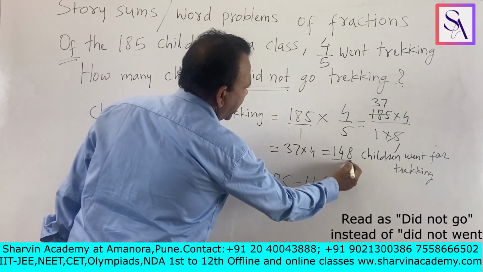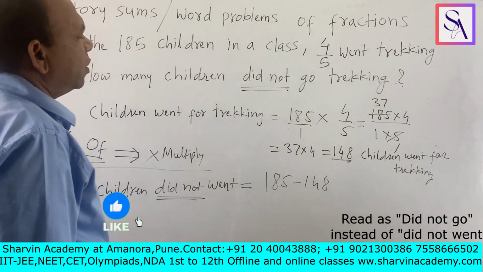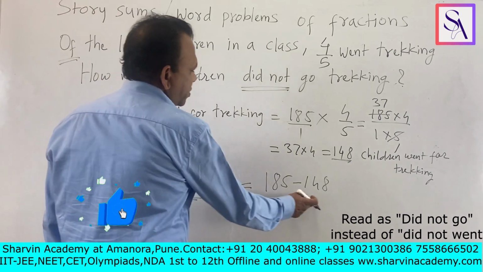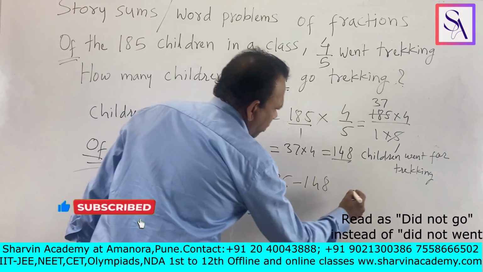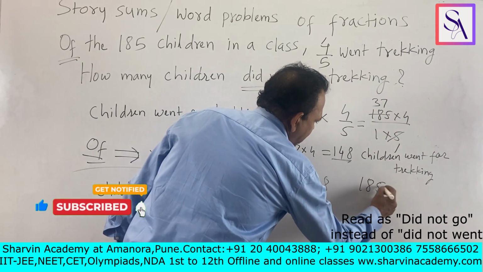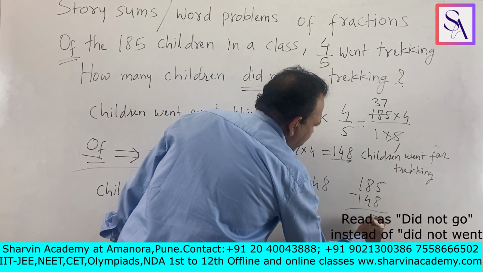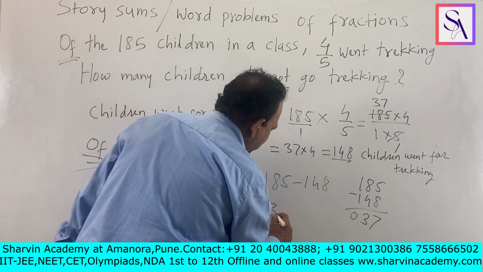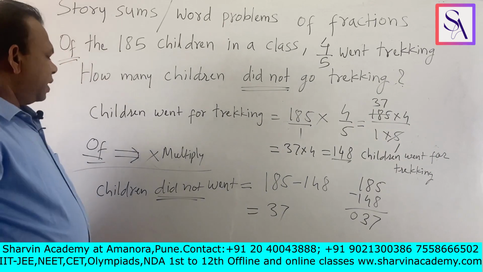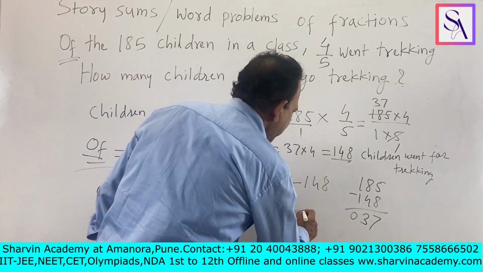So 148 went for trekking and the balance, how much? Subtraction. So 185 minus 148, 37. So 37 children did not go for trekking.